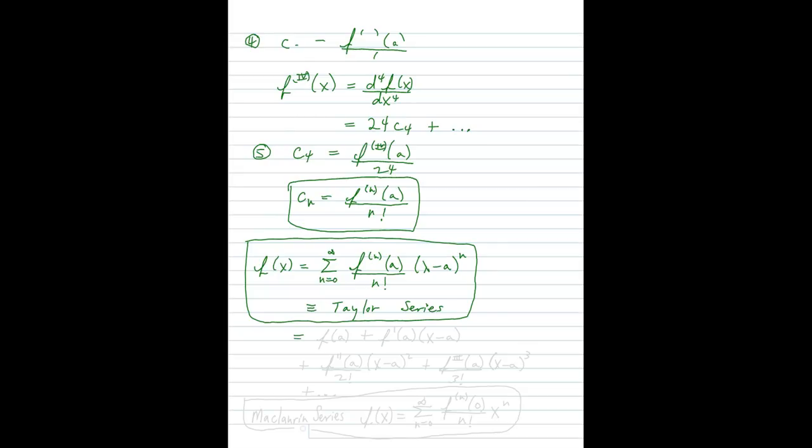And so that's going to look something like f of a plus f prime of a times x minus a plus f double prime of a over 2 factorial times x minus a squared plus the third derivative of f evaluated at a over 3 factorial times x minus a cubed plus the higher order terms.